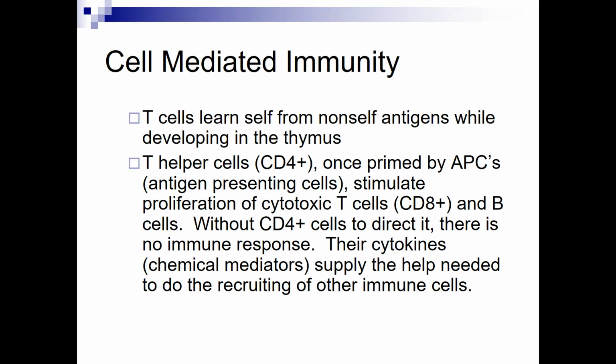Okay, so T cells learn self from non-self while in the thymus. T helper cells will stimulate the proliferation of the cytotoxic T cells and the B cells. And notice right here, without CD4 cells to direct it, there's no immune response. Their chemical cytokines will supply the help needed to recruit the other immune cells.